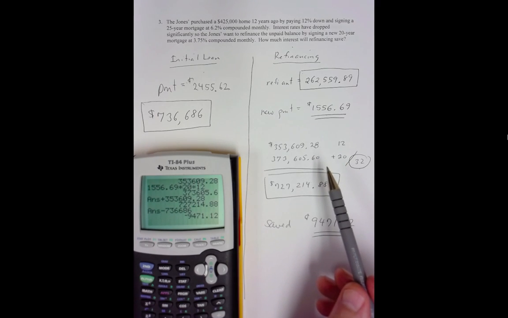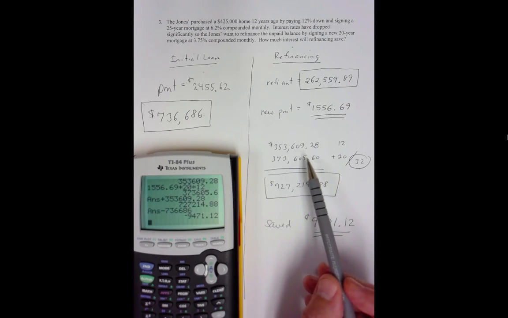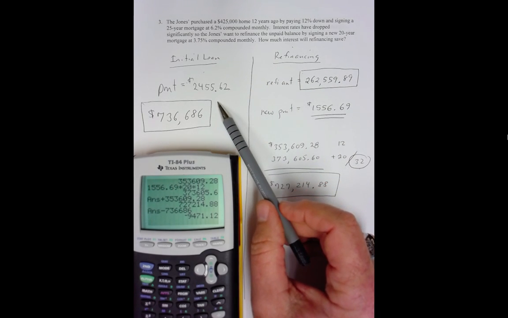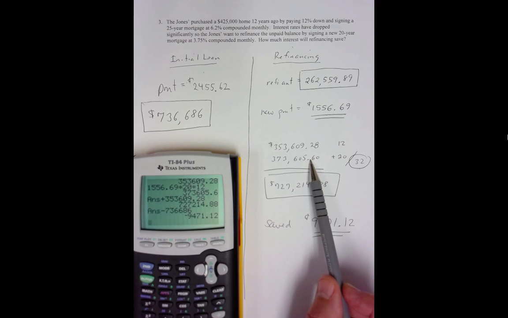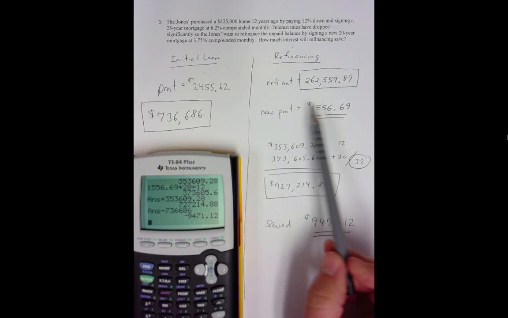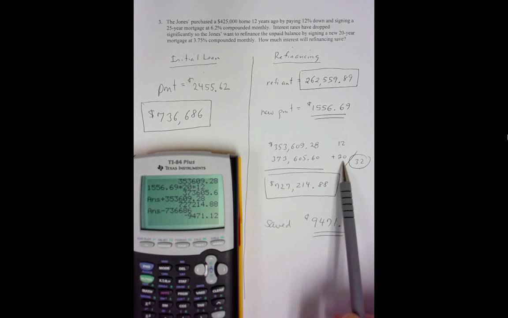What they would have been smart in doing, in my opinion, is when they signed this new 20-year loan, I would have only signed it over an 8-year loan. Now, sure, your payment's going to be higher, but you're going to get better interest rates. Your payment's going to be higher than 1556, but it's not going to be as high as 2455, and you would save a tremendous amount more money.